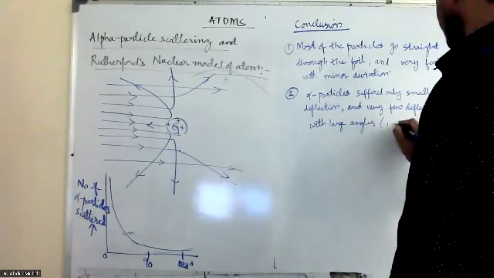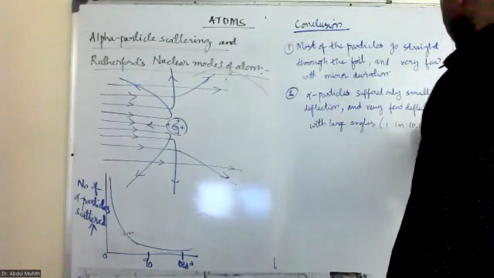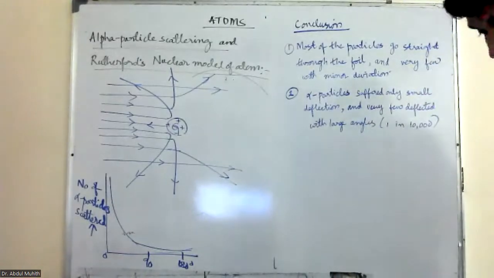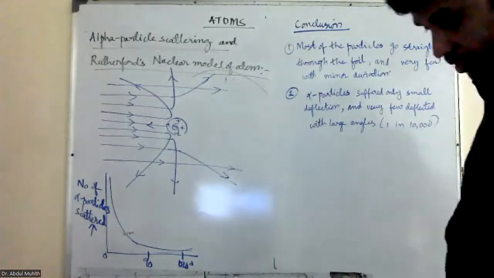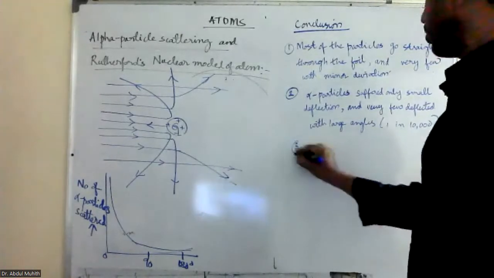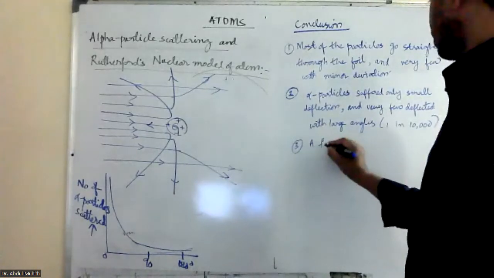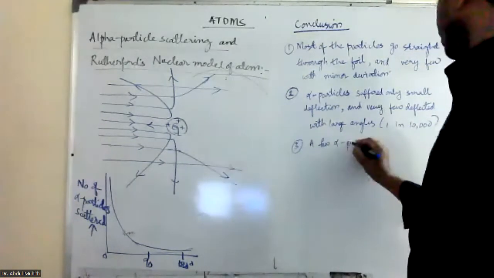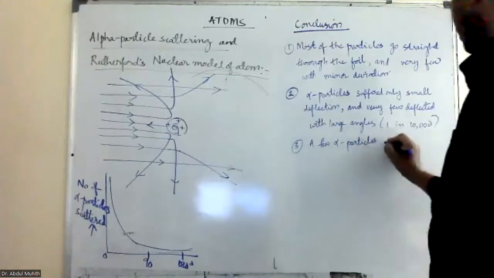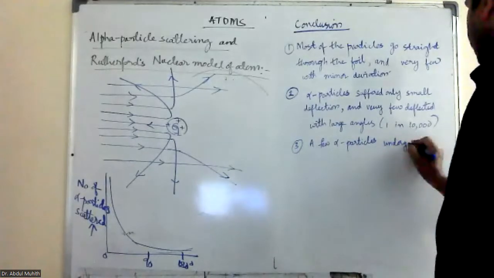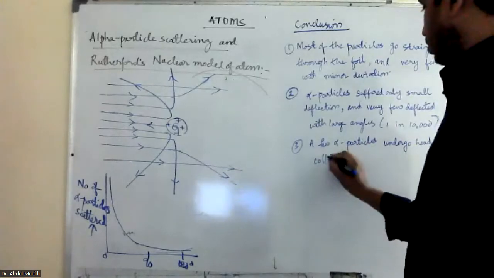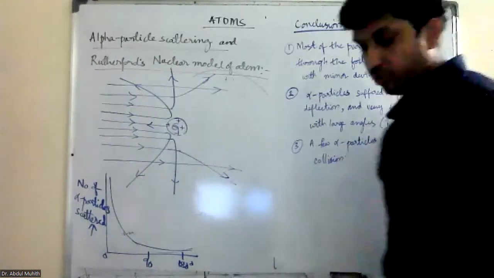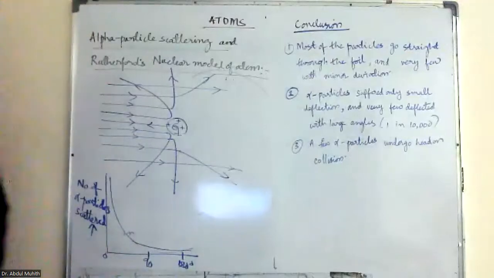That means 1 in 10,000 will undergo large deflection. A few alpha particles undergo head-on collision. So this is about the conclusions of the Rutherford atomic model. Now quickly we'll go to Bohr's model.